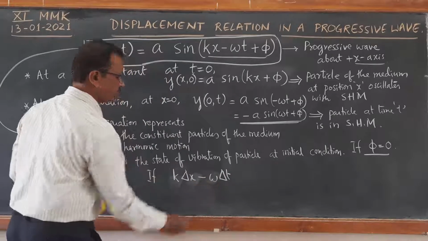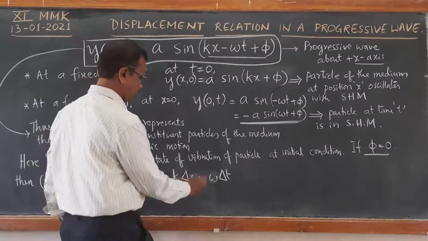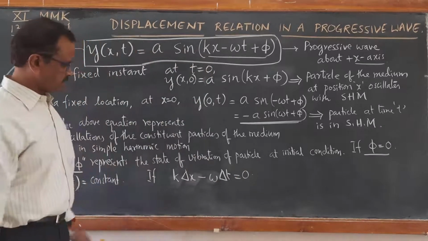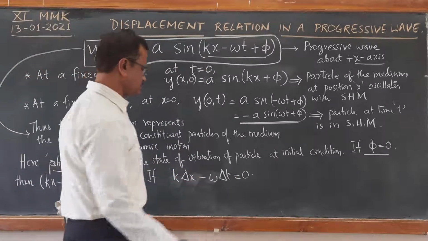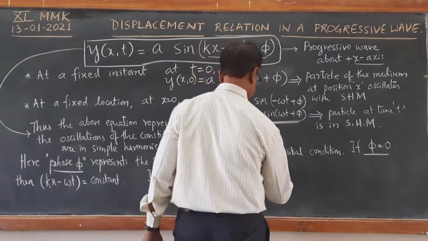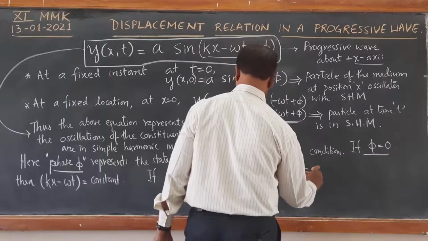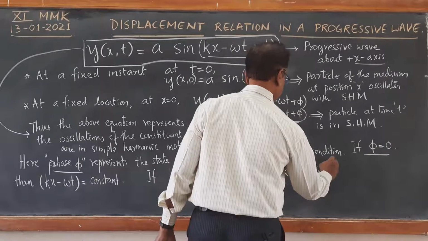Here k and omega are constants, so k delta x minus omega delta t is equal to 0 when we differentiate this. Then k delta x is equal to omega delta t.